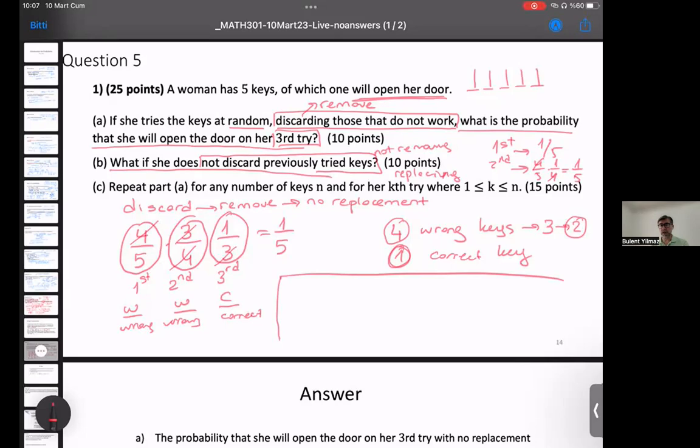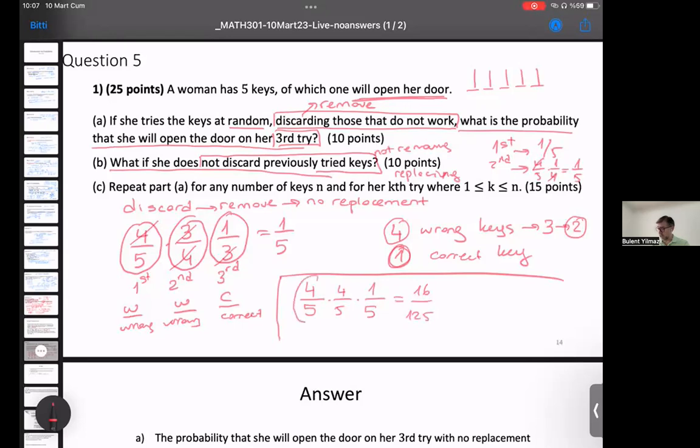Very good. I see some correct answers on the chat. Exactly. So trying the first one is a wrong key, 4/5. Second key, again 4/5. And the third key will be the correct one. So it will be 16/125.